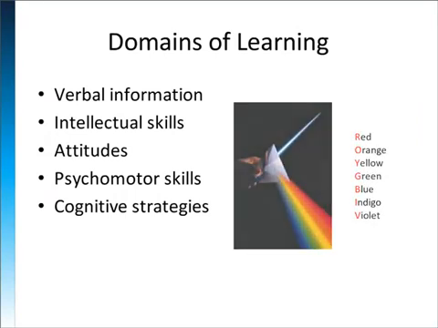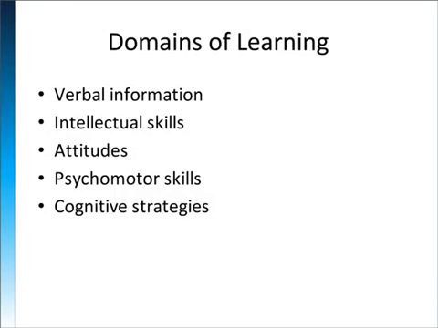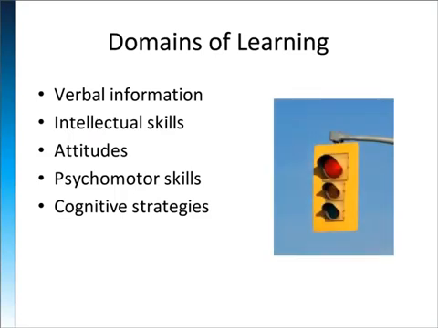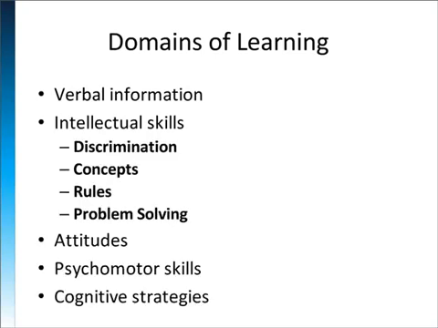We also considered psychomotor skills like learning how to dance or how to use a computer program. We discussed attitudinal instruction like choosing to obey traffic signals. Finally, we also just finished discussing the 4 levels of intellectual skills. Again, the 4 levels of intellectual skills are discrimination, concepts, rules, and problem solving.